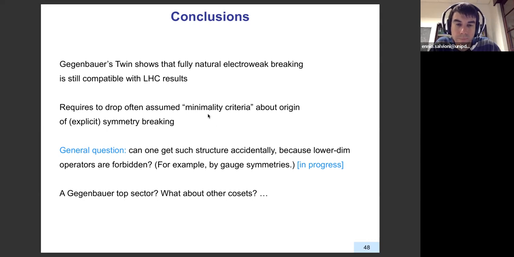So I think one thing that you can try to do, if you just want to really forbid these lower dimensional operators, you could imagine that there is some gauge symmetry, there is some scalar multiplet that has itself a large charge, a large representation of this gauge group.